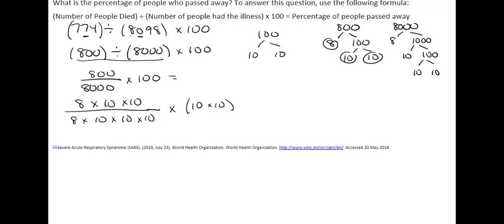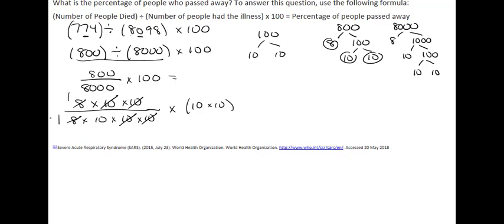So for this, when we first do division, we're going to cross out 1 ten on the top and 1 ten on the bottom. And we can do this again, because anytime you divide by the same number, it is equal to 1. So we're also going to cross out this 8, make it a 1, cross out this 8, make it a 1.